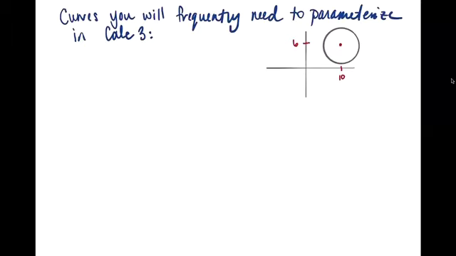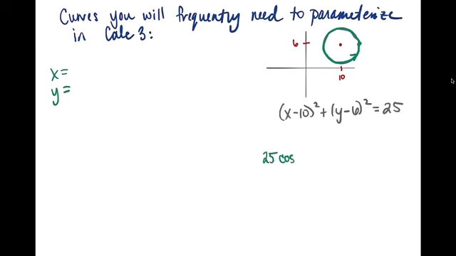Okay, so let's take this exact same circle and shift it. So now I'm going to have (x minus 10) squared plus (y minus 6) squared is equal to 25. Again, what I'm going to do is think of this in terms of trig identities that involve sum of squares. The easiest trig identity I can use is 25 cosine squared plus 25 sine squared equals 25.